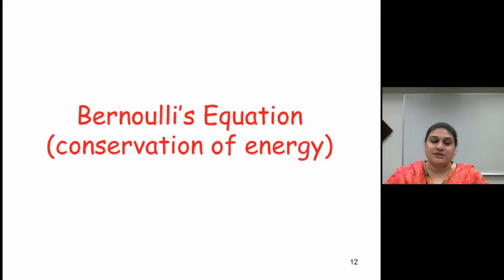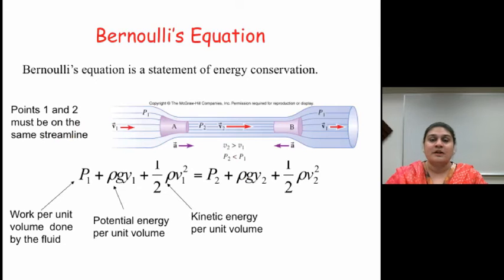The next conservation law is the conservation of energy, which is given by Bernoulli's equation for fluids. Bernoulli's equation is basically given as the difference between point 1 and point 2. The conservation of energy states that the energy at point 1 should equal the energy at point 2.